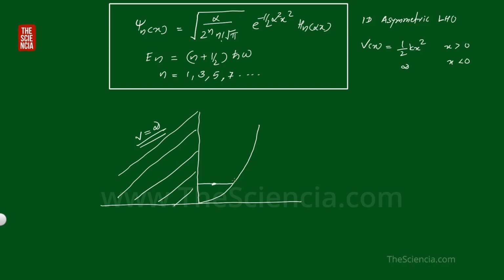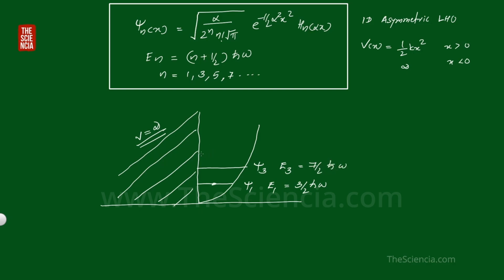So the ground state, the first possible state, is psi 1, and the corresponding energy E1 is equal to 3 by 2 h cross omega. The next state is psi 3, and the corresponding energy E3, with n equal to 3, is 7 by 2 h cross omega.